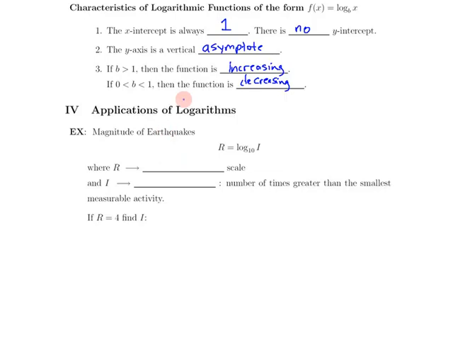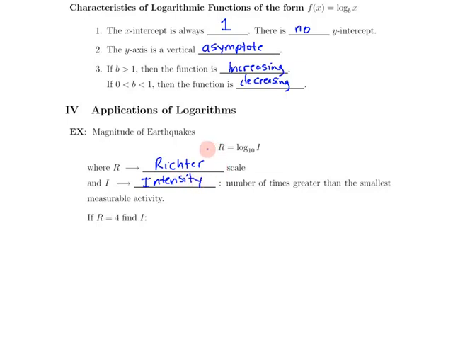The Richter scale measures the magnitude of earthquakes, and one way to interpret what the Richter scale means is by this formula right here, that R is equal to log base 10 of I, where R is the Richter scale value and I is basically a measure of intensity.